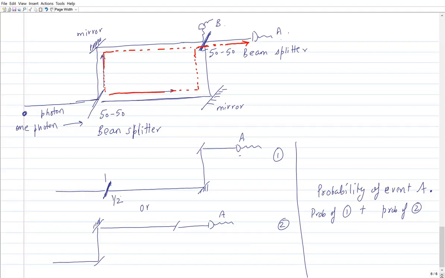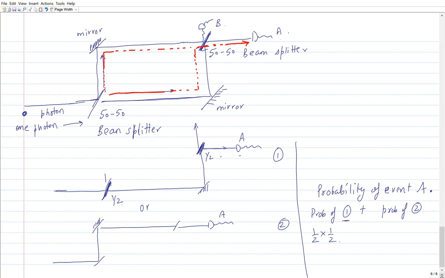So I have half. And then over here, again at this beam splitter, the probability of either going to detector B or to detector A is again half-half, 50-50 probability. So the probability of event 1 is going to be 1 upon 2 times 1 upon 2. Both of these processes have to occur for event 1 to occur. It has to pass through the beam splitter, that has a 50% probability, and then over this beam splitter it has to get reflected, that is again 50% probability.